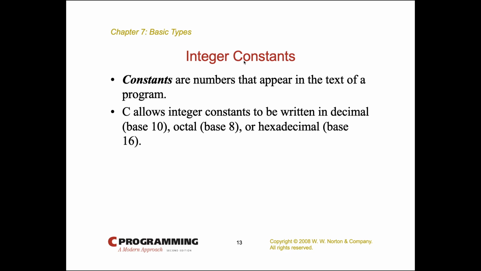Let's see integer constants, numbers that appear in the text of a program. C allows integer constants to be written in decimal base 10, octal base 8, and hexadecimal base 16.